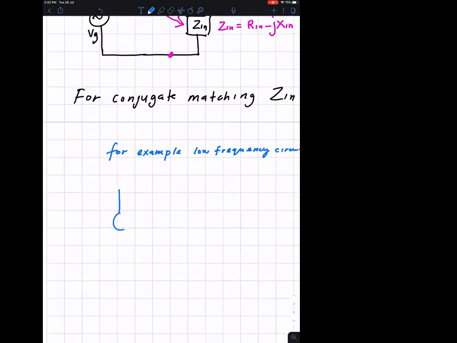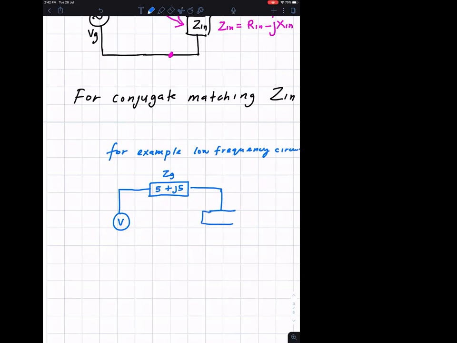You have a voltage source, and let's say you have 5 plus j5 as your ZG.